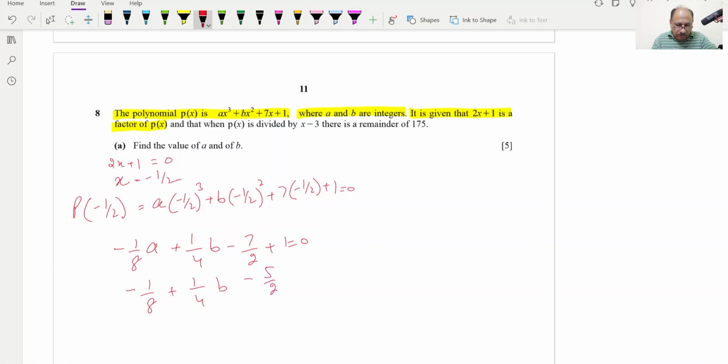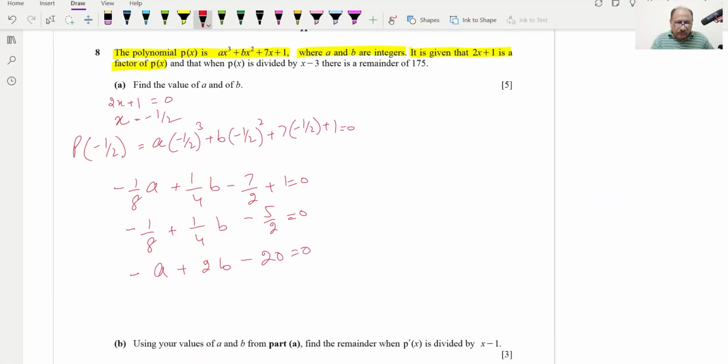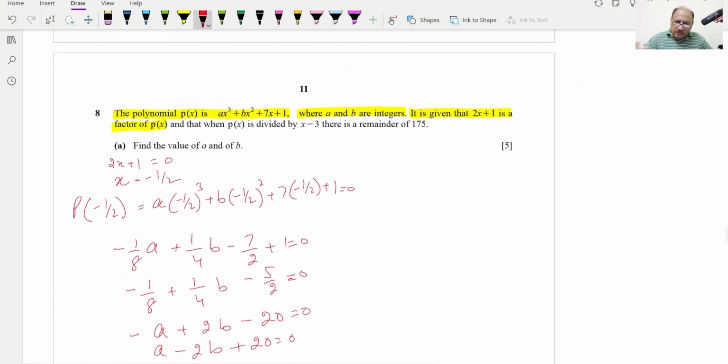Now we multiply everything by 8, and this is equal to 0, so it will be minus a plus 2b minus 20, since 2 cancels with 8 to give 4, and 4 fives are 20, equal to 0. If we change the sign for everything, we get the simplified equation a minus 2b plus 20 is equal to 0, and this is one side which we have solved.